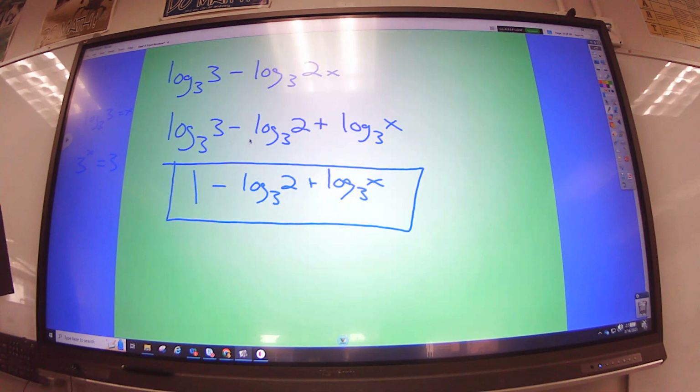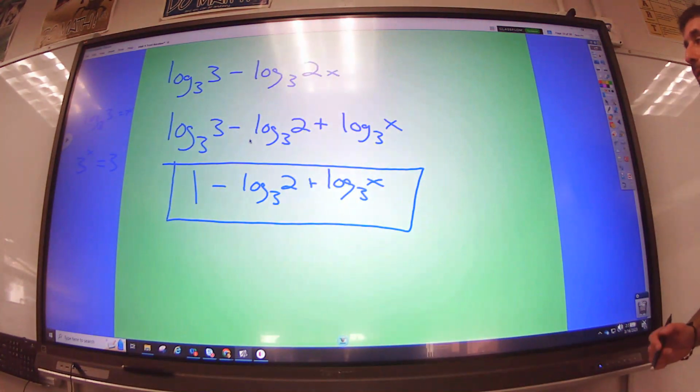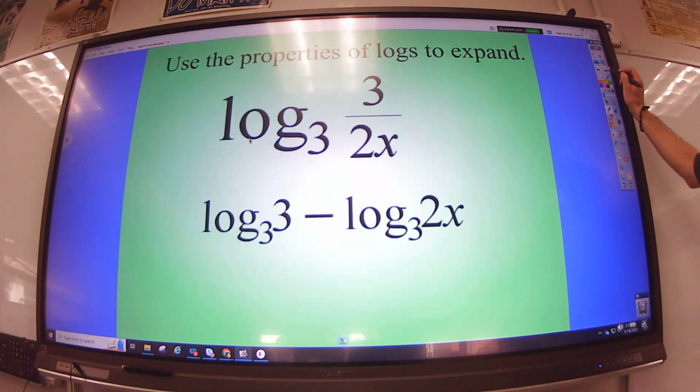There it is, 1 minus log base 3 of 2 plus log base 3 of x. I was going to ask you to compress, but maybe there will be a compressing one. For now, this next problem, sorry, I jumped ahead of myself.